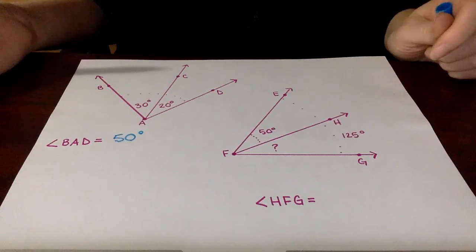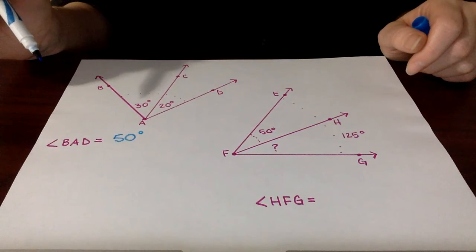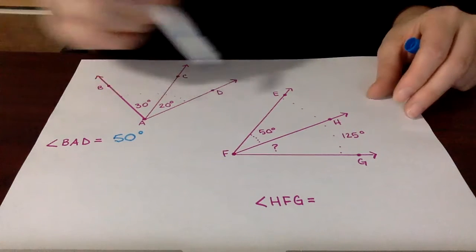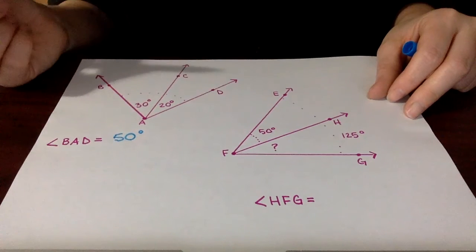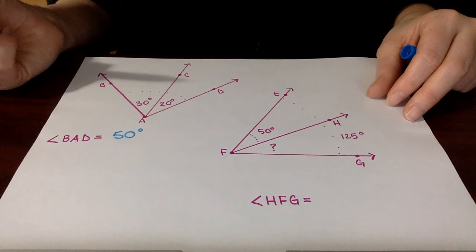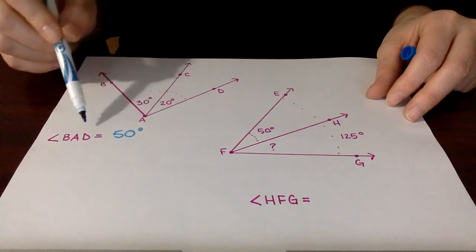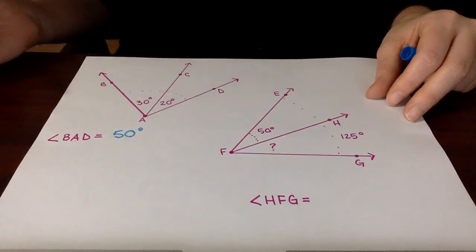What I really wanted to do, had I had enough time to get together enough protractors, was have you actually measure some different angles before we moved on to triangles. Maybe we'll get those protractors out when we get back to school. Anyhow, real easy on this one. You just add the two angles to find the larger angle.